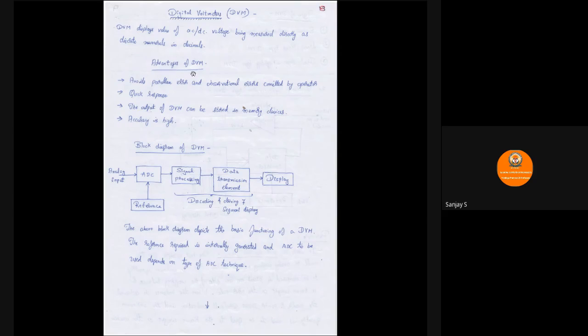Coming to the advantages of DVM, it avoids the parallax error that we observe in analog instruments. Response is quicker. Output of a DVM can be stored in memory devices since it is digital, and accuracy is high. Coming to the block diagram of DVM, we have ADC, signal processing unit, data transmission element, display unit, and reference.